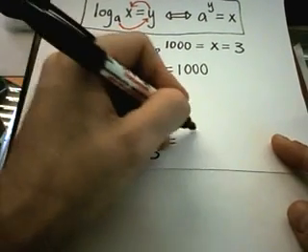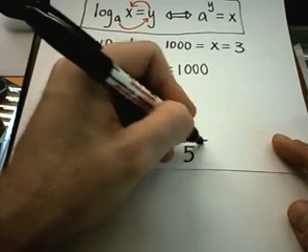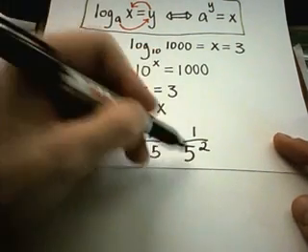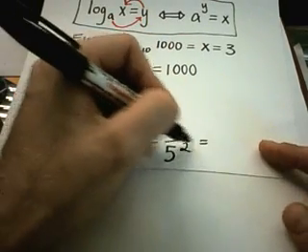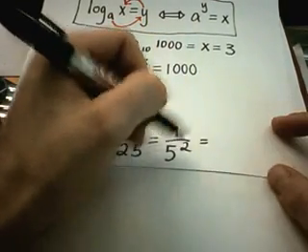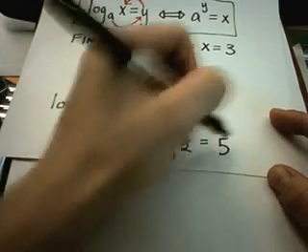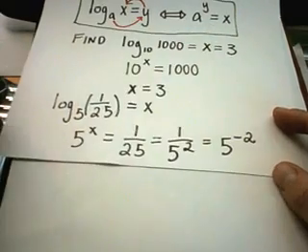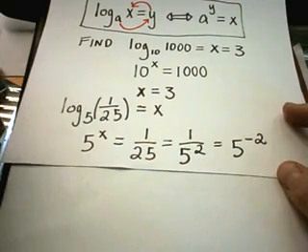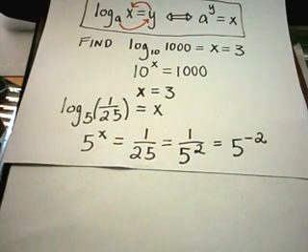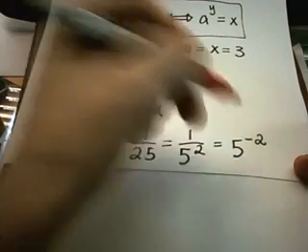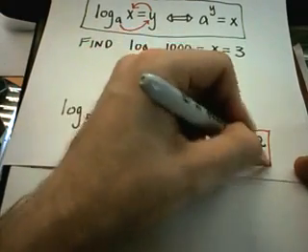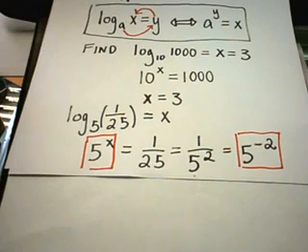But notice I can write 1 over 25 as 1 over 5 squared, right? 5 squared is 25. And remember, through properties of exponents, I can bring this 5 to the numerator by making the exponent negative. So if you look at the left side, it says 5 raised to some power has to equal 5 raised to the negative 2.